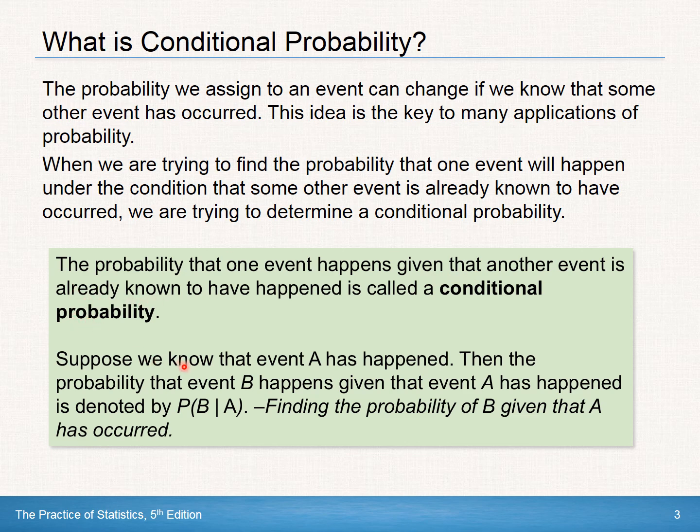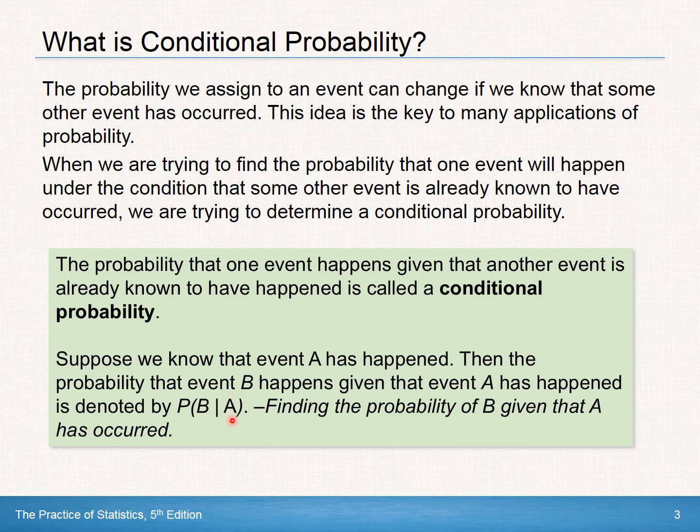So let's just suppose we know that event A has happened. Let's suppose that we know we're just looking at the population of males. Then the probability that event B happens given that A happens, so the probability that we find someone with pierced ears knowing that they're male, is denoted by B with this little line A. This is read as B given A. A is already known.